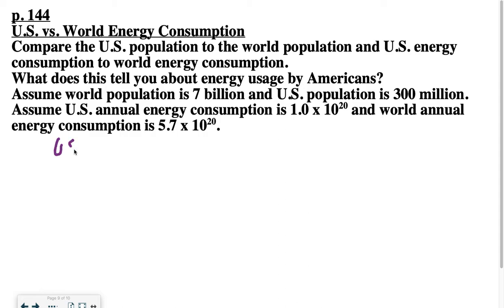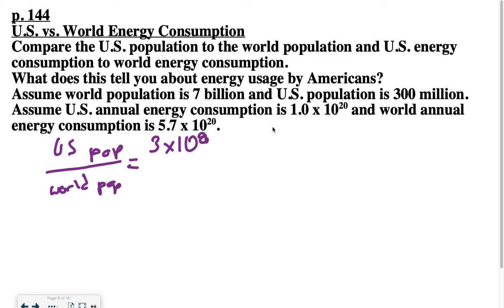So the US population compared to the world population, the US population can be written as 3 times 10 to the 8th power, because 300 million looks like this. So we would go 3, 6, 7, 8, so 3 times 10 to the 8th.